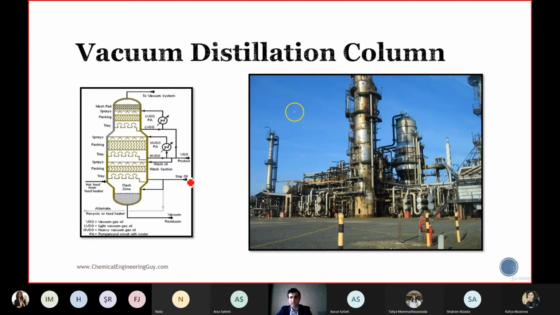Here, this is the CDU. You can see that it is thinner and taller compared to the VDU. The VDU has a bigger diameter, but it is shorter. And this, which I will talk about later, is the vacuum creation system, the pipelines, where the ejectors are used.